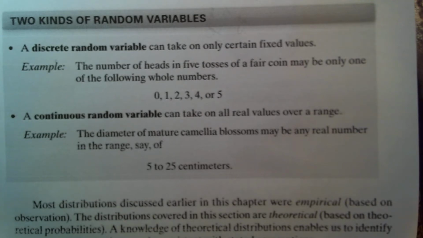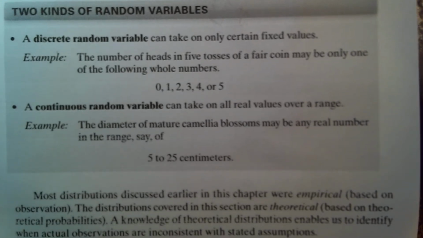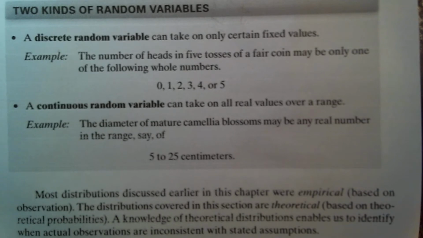And there's a reason for this, because a knowledge of theoretical distributions enables us to identify when actual observations are inconsistent with stated assumptions. So you may want to read that sentence again. A knowledge of the theoretical distribution enables us to identify when actual observations are inconsistent with stated assumptions. In other words, it can be used as a check.